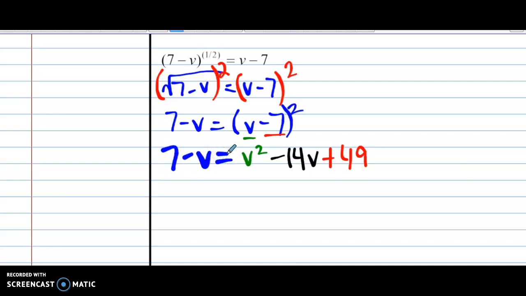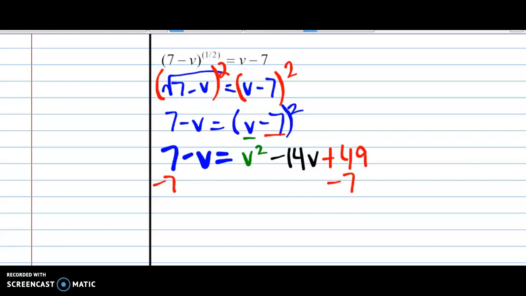Now we combine like terms from opposite sides. I have a 7 on the left side and a 49 on the right side. To combine them, since it's a positive 7, we do a negative 7. Same thing with the v.